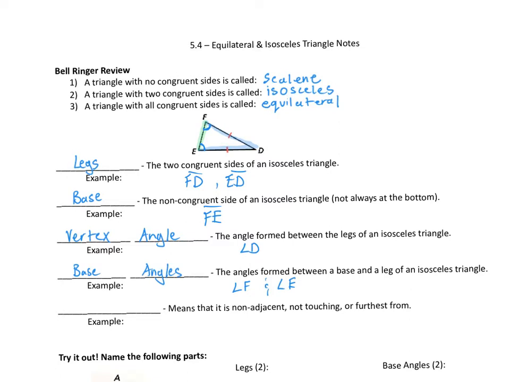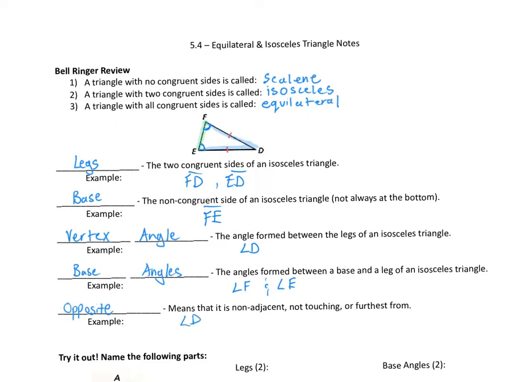Okay, next one means that it is non-adjacent, not touching, and furthest from. If it's non-adjacent, not touching, and furthest from, that is considered the opposite. If you look at that picture of our triangle, notice that angle D is opposite FE.